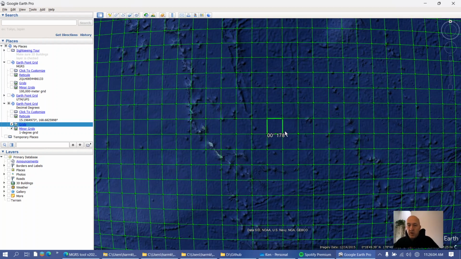So it comes all the way around the Earth to this spot. So negative 179, negative 178, and as I go north, 1 degree, 2 degrees, 3 degrees, and on this side, that's 179, this corner, 178, and all that.